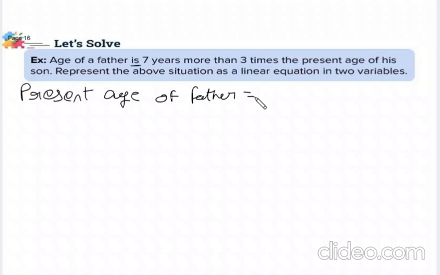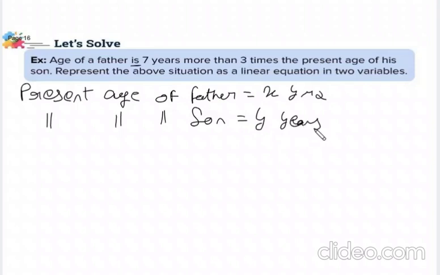Present age of the father, let's take it to be x years. Similarly, for the son, the present age of the son, let's take it to be y years. Now what is given to us is that the age of the father, x, equals 7 years more than 3 times the present age of the son.